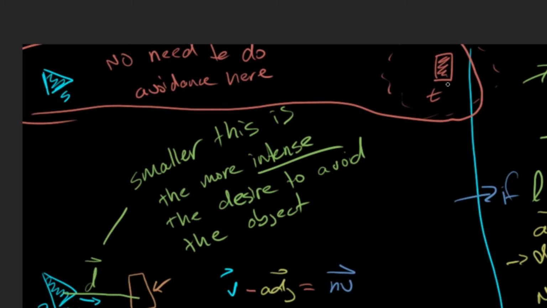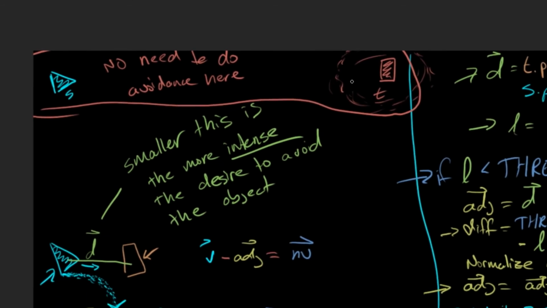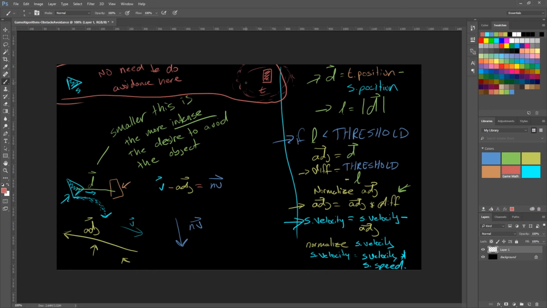Our threshold is this imaginary circle around the object. So if our length is less than our threshold, we need to perform obstacle avoidance.